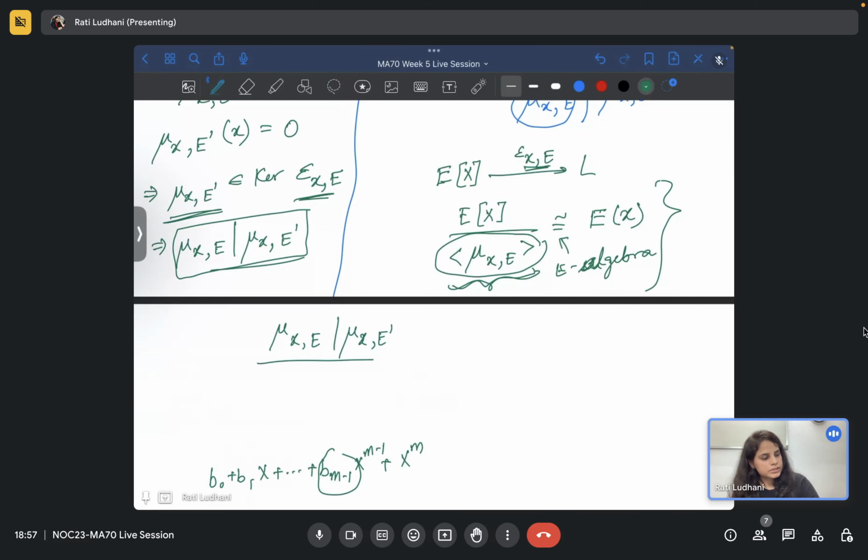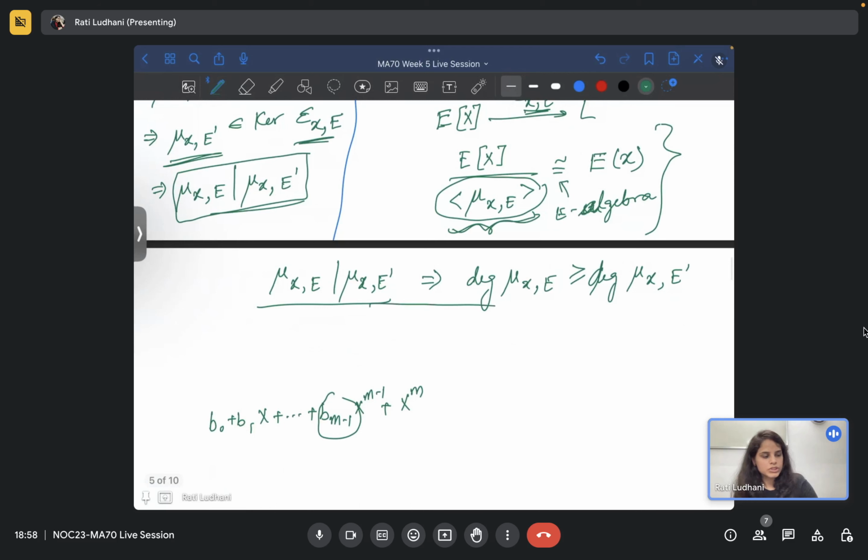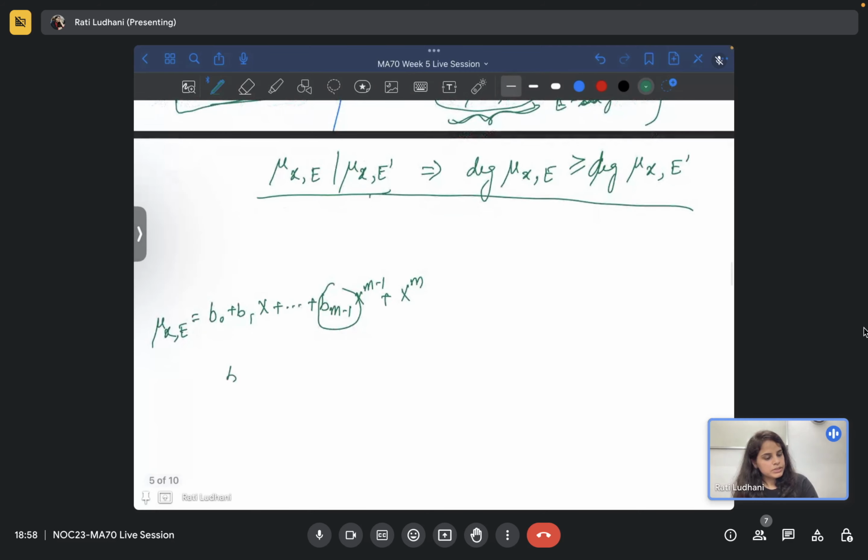So this implies degree of mu(x, E) will be bigger than degree of mu(x, E'), right? There are two things you have. This is given to be mu(x, E), and now you also know that b0 + b1x, this same one also belongs to E'(x).